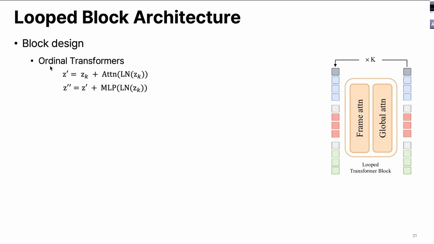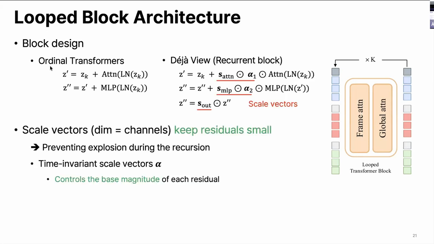And this is the attention layer in ordinary transformer blocks. However, when we use this attention layer for a recurrent transformer, it can be unstable since the same residual blocks are applied repeatedly many times, and the features can explode. To avoid this, they add scale vectors. There are two types of scale vectors. The first one is time invariant scale vectors. These control the base magnitude of each residual update, and they help keep the residual update small and stable.